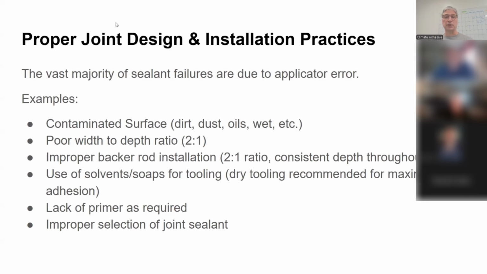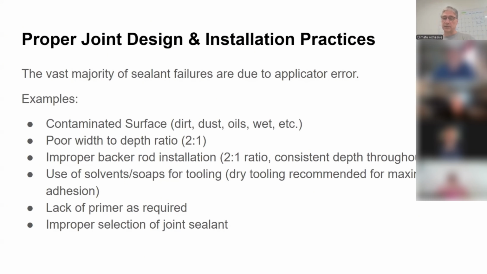Okay, proper joint design and installation practices. This is probably where I start repeating myself a lot so that we get this stuff in our heads. The vast majority of sealant failures are going to be due to applicator error. It's not that often that you have a product showing up from the manufacturer that's defective.